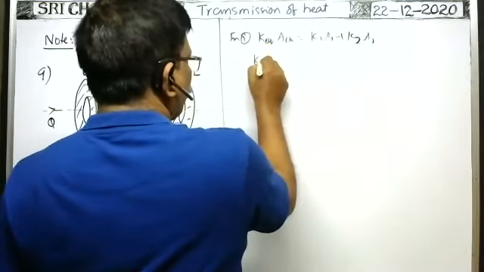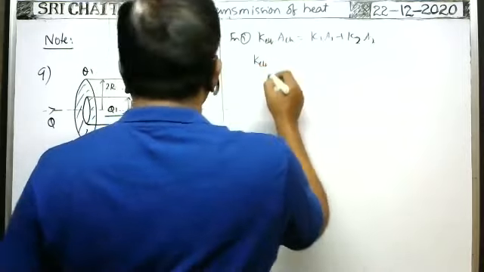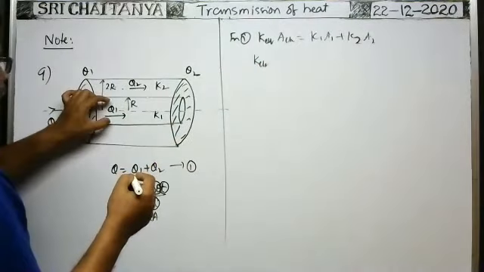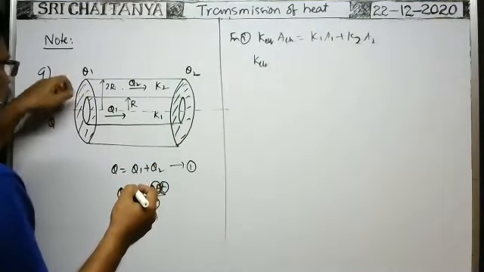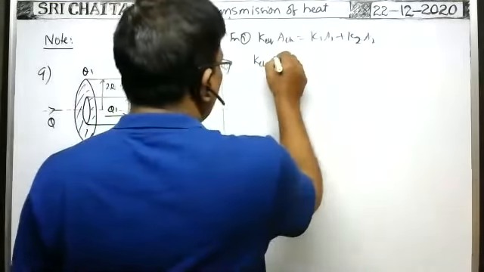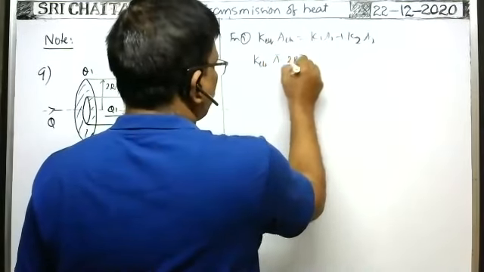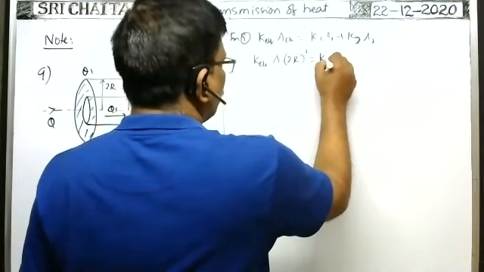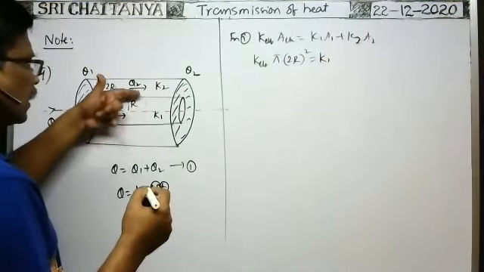K effective we have to find. Effective area of cross section means the sum of the area of cross section of this one and this one. That is pi into 2r whole square, equal to K1 into A1, the area of cross section of this rod.